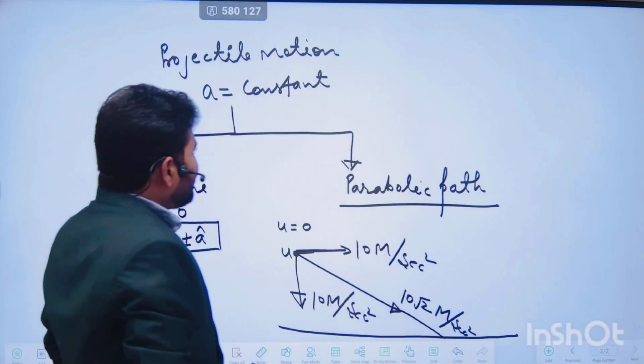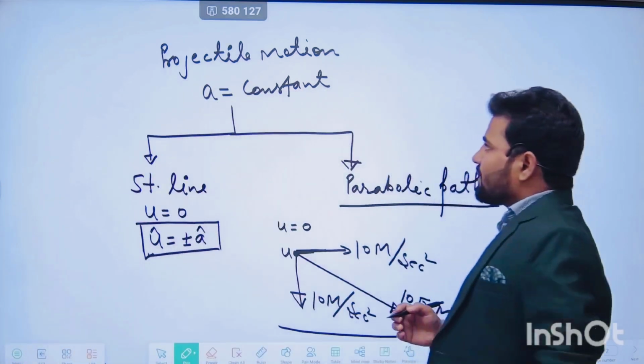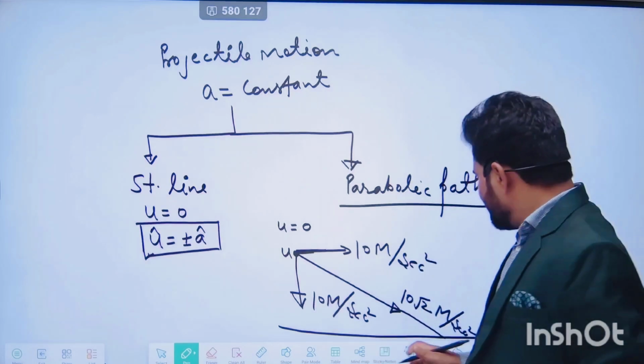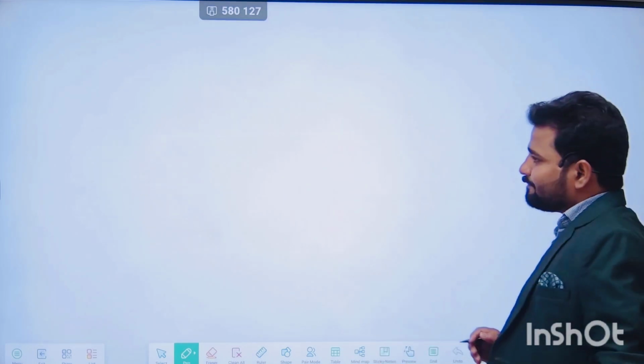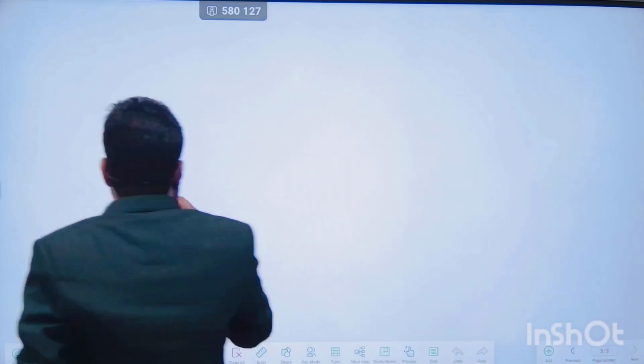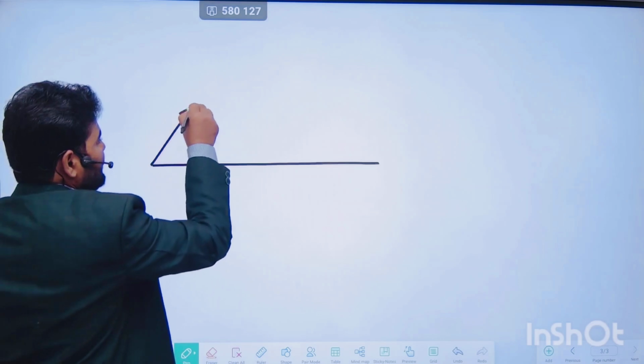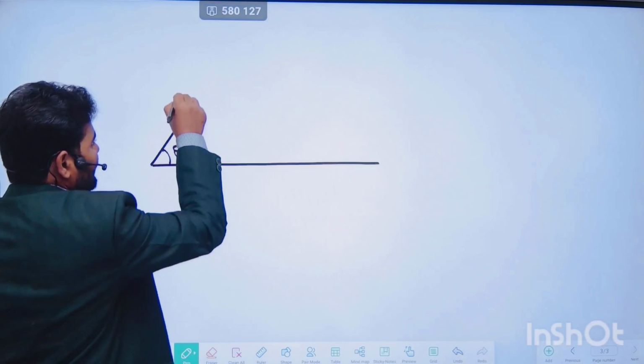Next, if we talk about the ground to ground projectile, let's say for example, a ball is launched at an angle of theta with the speed u.